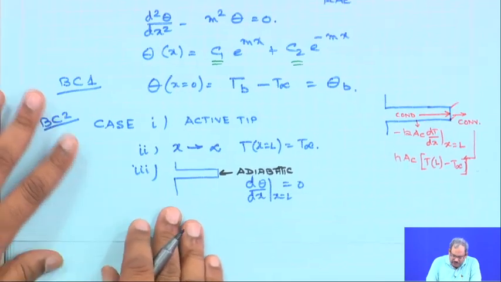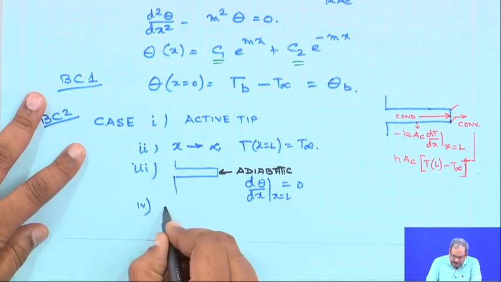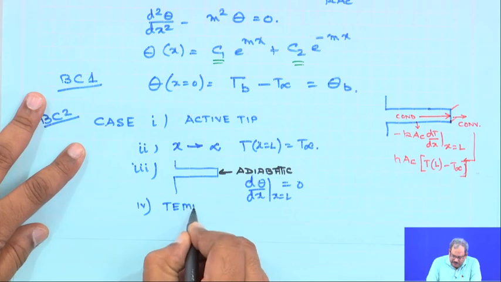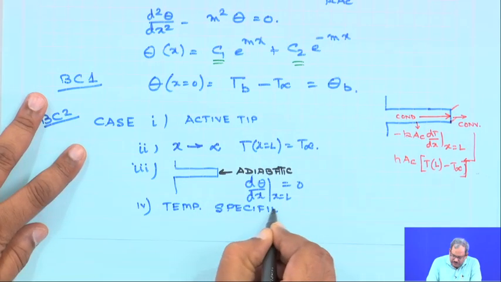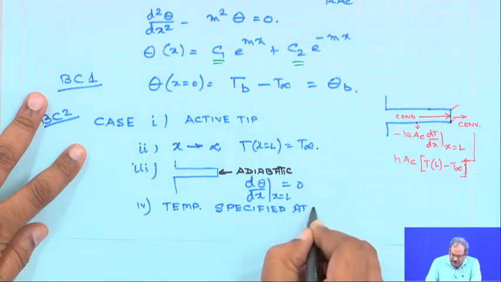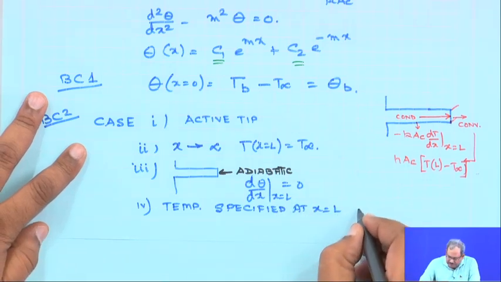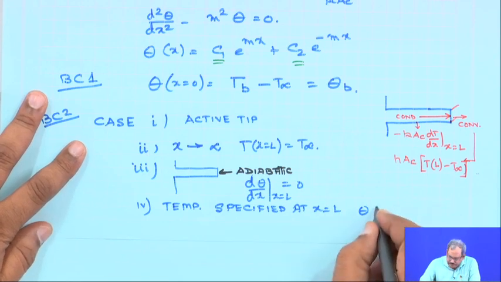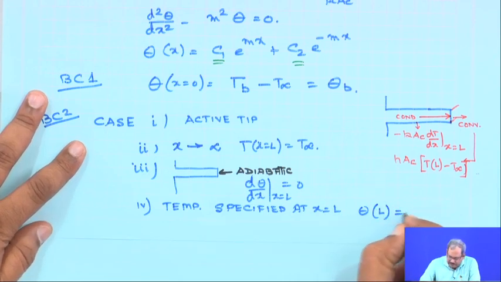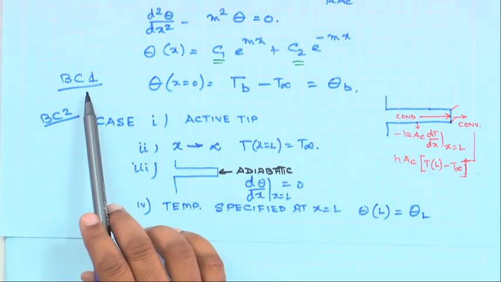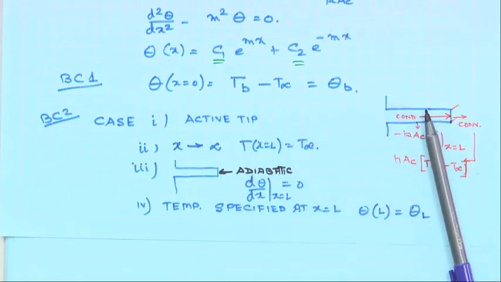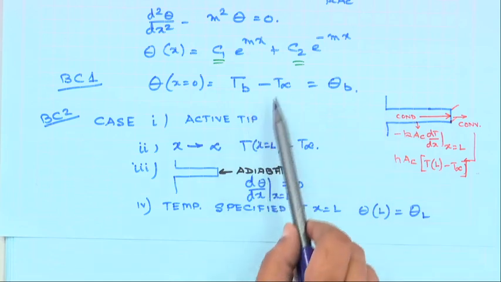And the fourth possible boundary condition is that temperature is specified at x equals L. That means theta at x equals L is known, which, let us call it theta L.